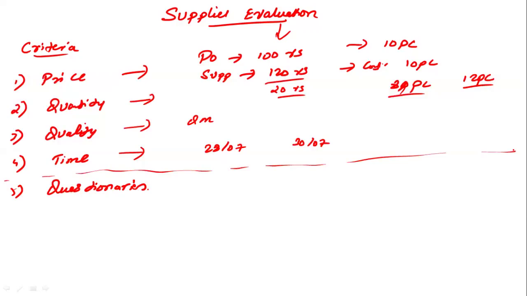For price, I'll give more preference, so I'll give 30%. For quantity, I'll give 30%. For time, I'll give 20%. For quality, I'll give 20%. I'm giving weightage saying that for me, price and quantity are more important compared to quality and time. If you add everything, it should always be 100%. So you can give the weightage for each and every criteria saying that this is very important for me.